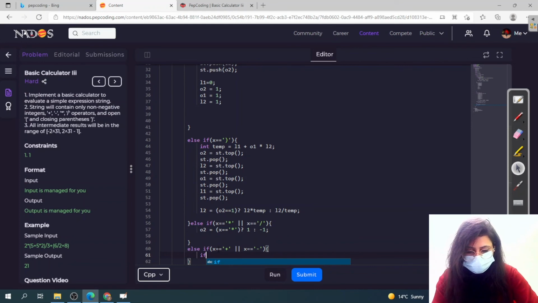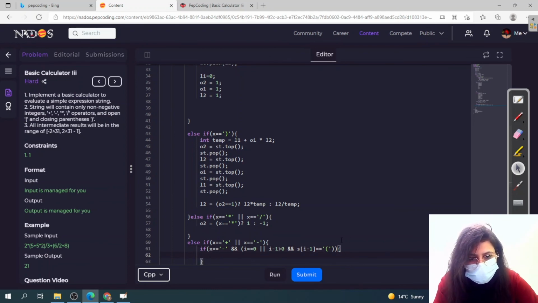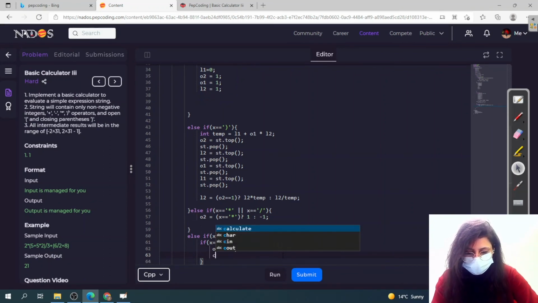We'll check if x equals the minus operator and i is equal to 0 or i minus 1 is greater than 0, and s of string of i minus 1 is equal to the opening parenthesis, then O1 would be equal to minus 1, and we will continue.